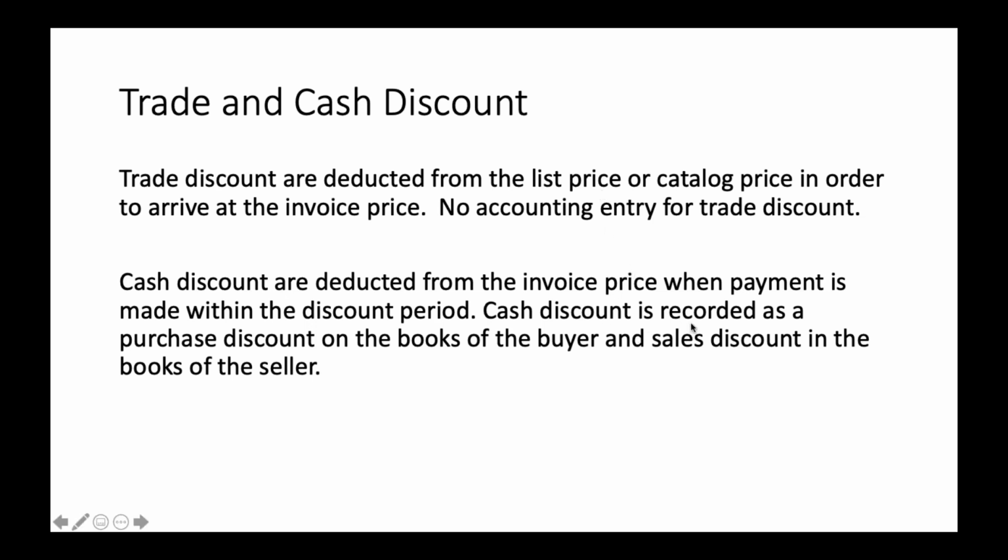While cash discount is given to attract early payment. And cash discount is recognized in our accounting books and recorded as purchase discount if you're the buyer and sales discount if you're the seller.